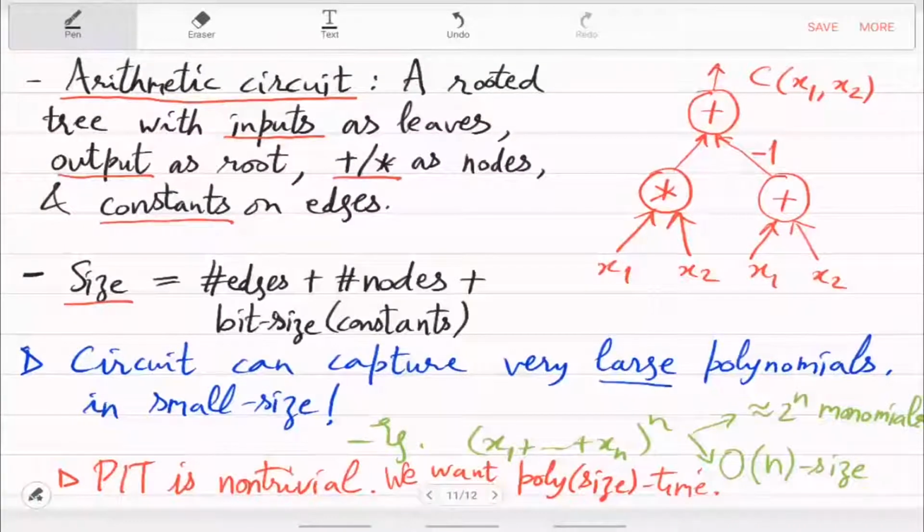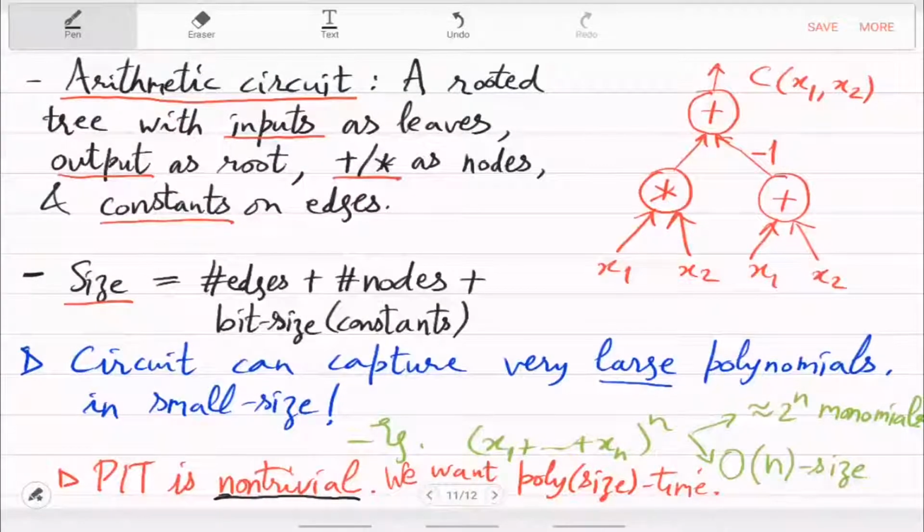It is asking you to go over all the monomials without the monomials being given, and if you try to find them then it will be very expensive. So the first question is, can we show some kind of an upper bound for this problem?